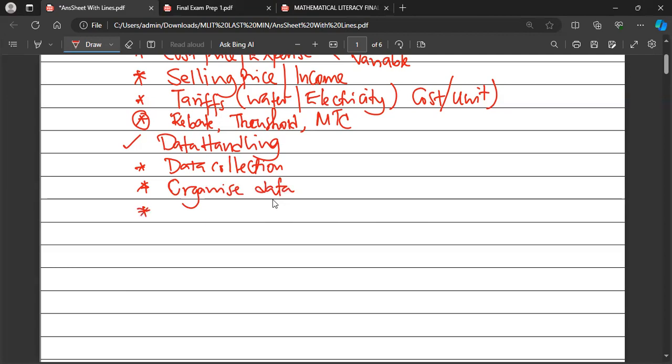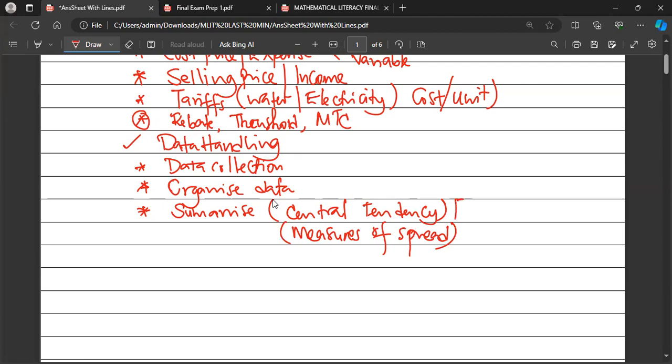Number three, we expect you to summarize the data. This is when you shall look at central tendency, and also measures of spread. Here we are summarizing data.